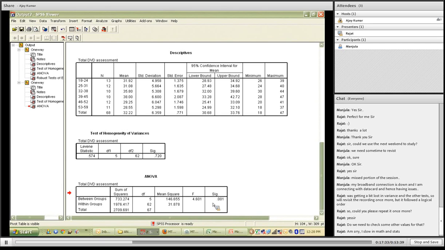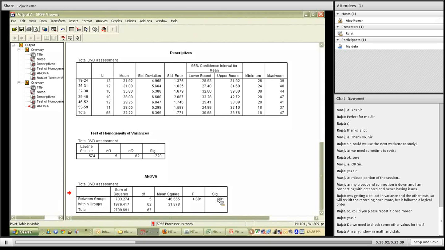We would say that the means of the various groups, which are the scores given to the DVD prototype, are different from each other, and not only different, but significantly different from each other. All right. This is what is told to us by the significance value of ANOVA.